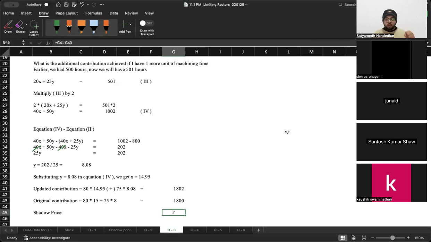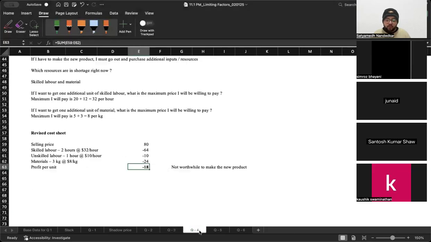So 2 is the shadow price. Why? Because 2 is the additional contribution earned by having one more unit of the limiting factor, not producing. Excuse me. What is shadow price? Shadow price is the additional contribution earned when you have one more unit of the limiting factor. Okay, let's have a look at one more question.